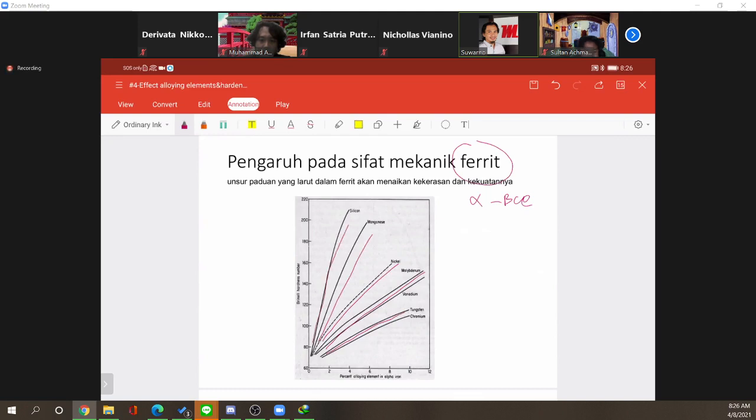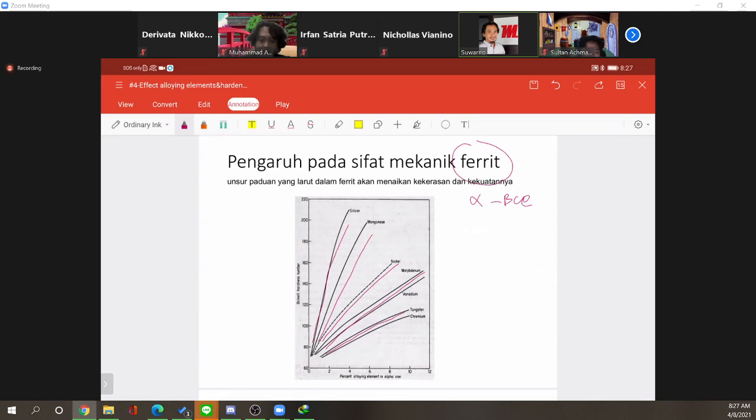This is basically the effect of alloying elements on the mechanical properties. Just to give you some guidance: in total effect, because we are very interested in the development of mechanical properties, that's why we are talking about it. But it's actually a little bit jumping.